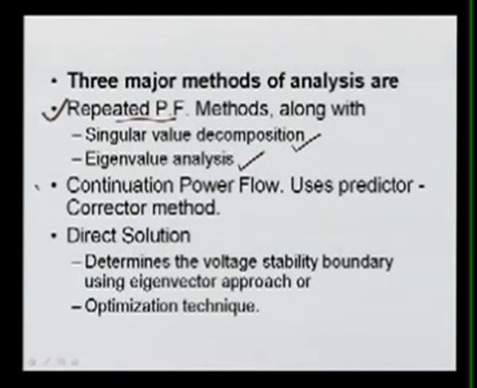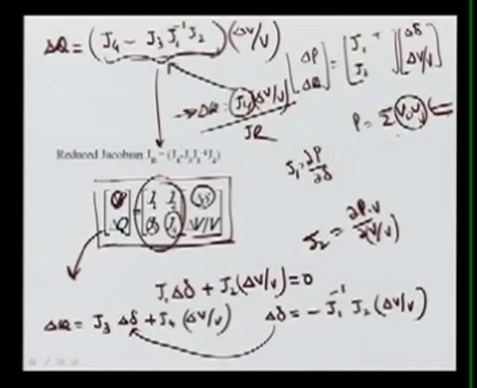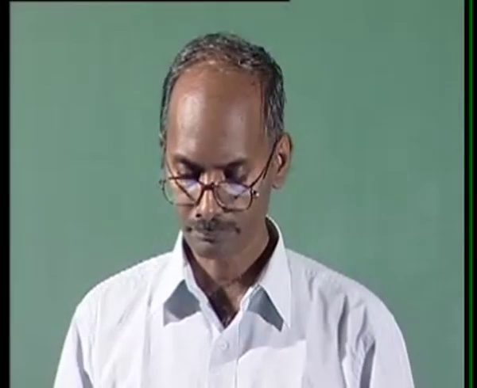The main problem with the repeated power flow method is that it may not converge when the system is highly stressed, especially at the nose point. We saw in the PV curve that at the nose point this Jacobian becomes singular, and you cannot get the inverse, and if you cannot invert, then you cannot solve. So it is sometimes very difficult to get the value at the nose point.